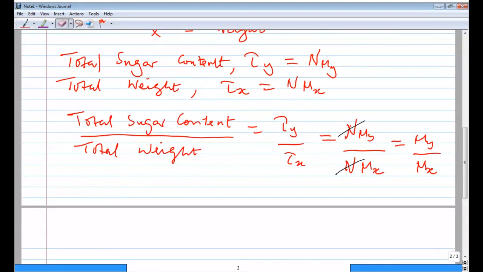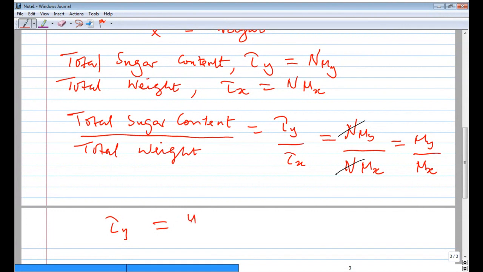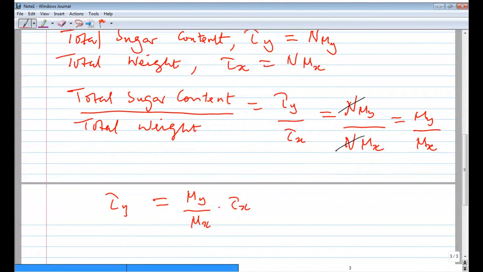The total sugar content, which is tau y, will be equivalent to mu y divided by mu x, then multiplied by tau x. So this is the total sugar content.